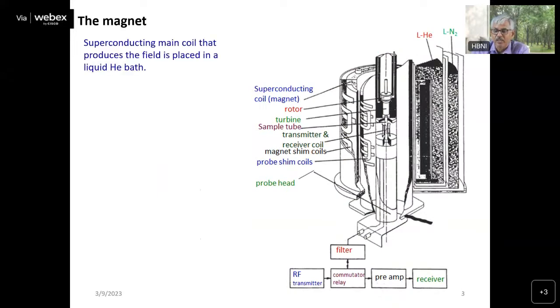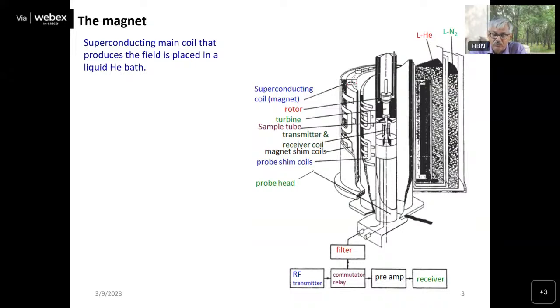Here I have shown a magnet. The superconducting magnetic coil is placed in the liquid helium bath. You can see that there is a big dewar. The outer component has liquid nitrogen, then the inner dewar is liquid helium, and inside that liquid helium the superconducting magnetic coil is immersed.